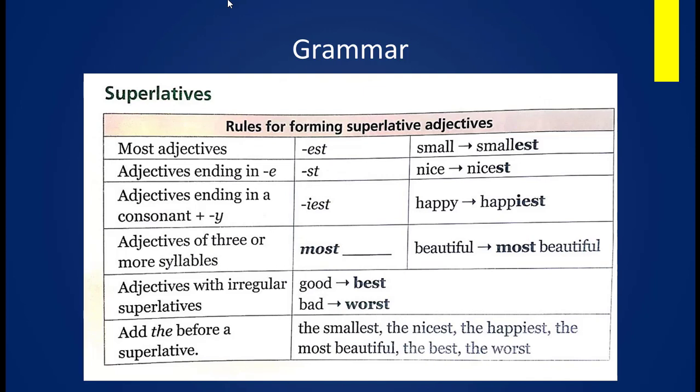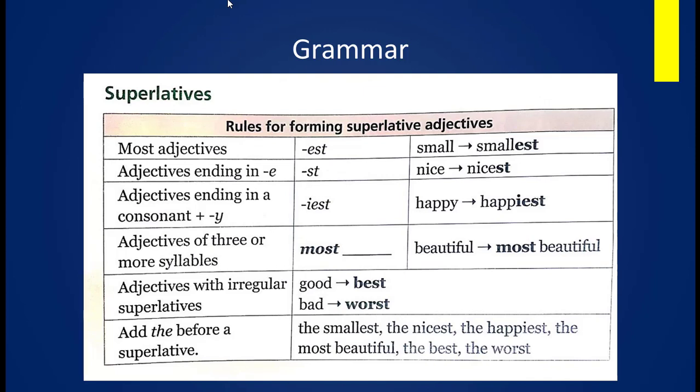There are some basic rules that you have to remember. For most adjectives we just add est, like small to smallest. For adjectives that end with the letter e, we don't need to add another e, we just add st, that's enough, like nice to nicest.